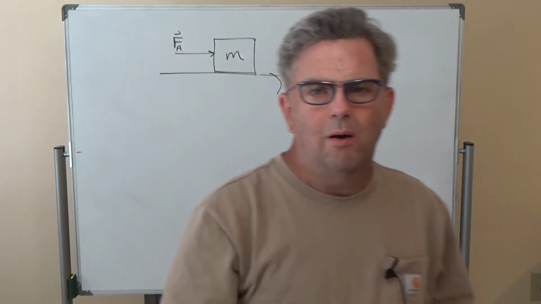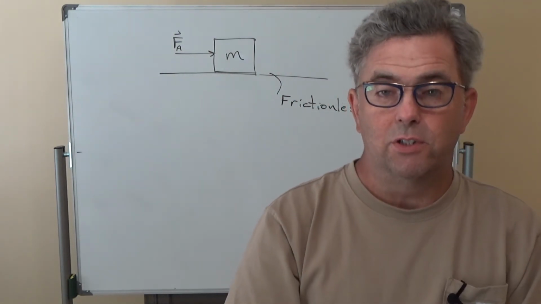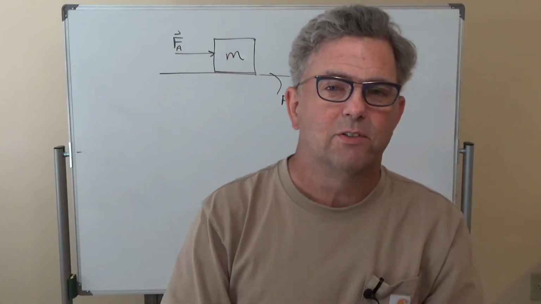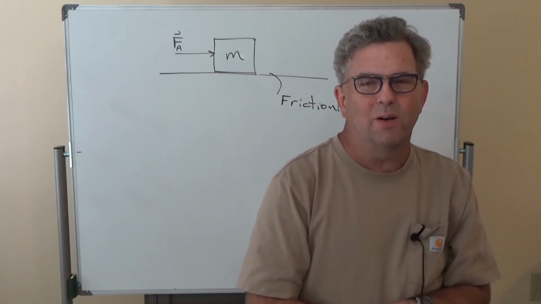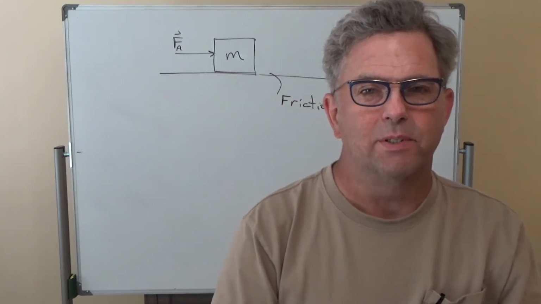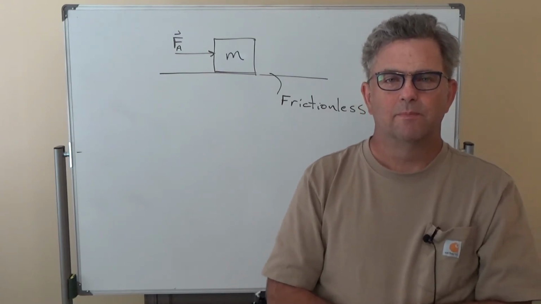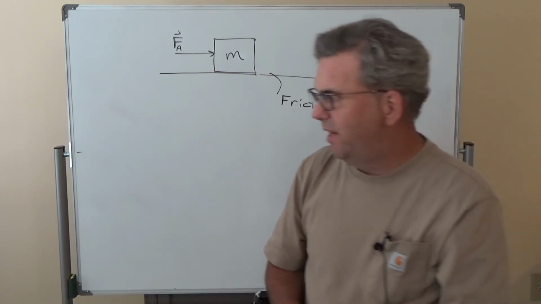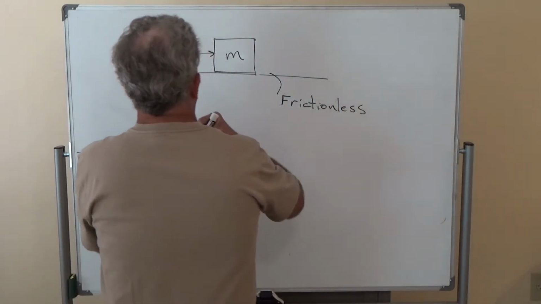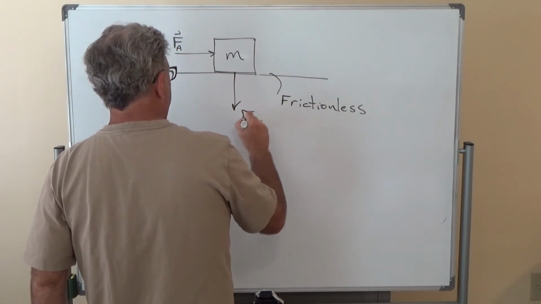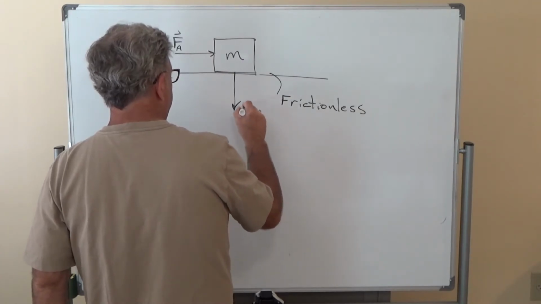What are some other forces? This is a real object sitting on Earth on a flat surface. Gravity is acting on the object this way. I'm going to call that F_G.